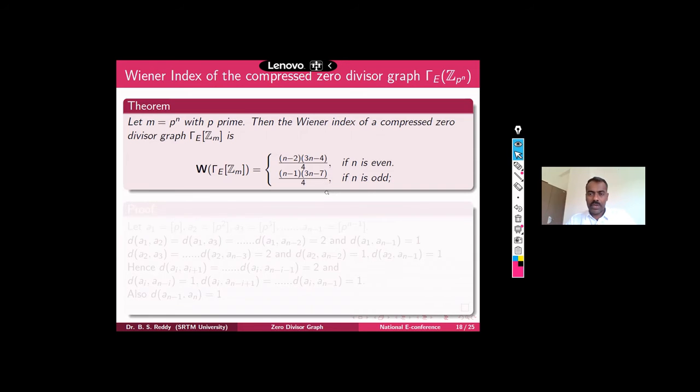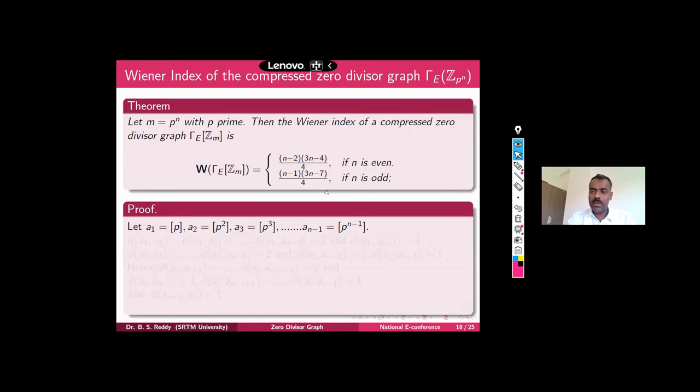Fine. So how we can do here: we already explained for Zp power n what the different vertices, or different equivalence classes, are, starting from p to p power n minus 1. That I am calling a1, a2, up to an minus 1. Now you see the distance from a1.